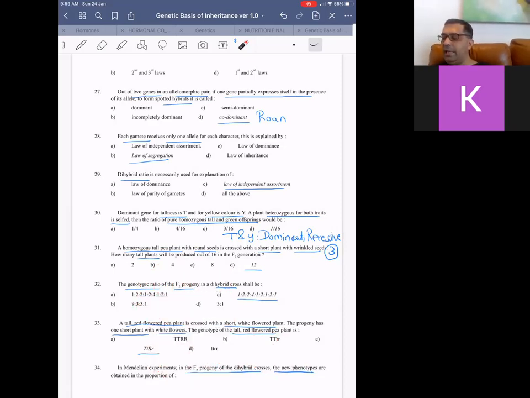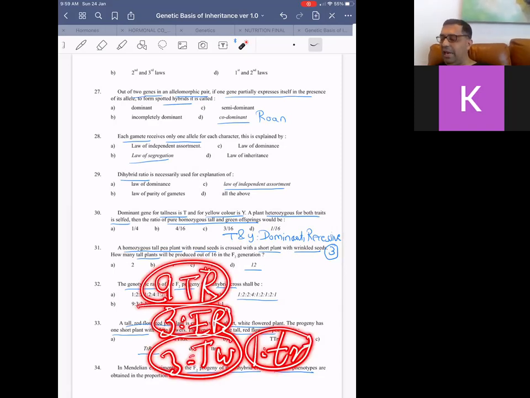So how many dominant will come? 9. Dominant recessive? 3. Recessive dominant? 3. And recessive how many? 1. So here they've asked you how many are tall. So 9 are tall and round, 3 are tall and wrinkled.